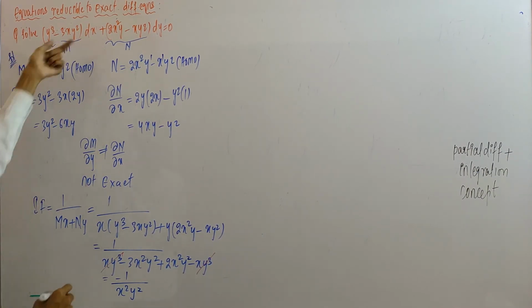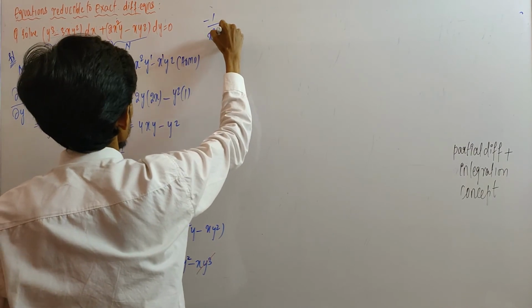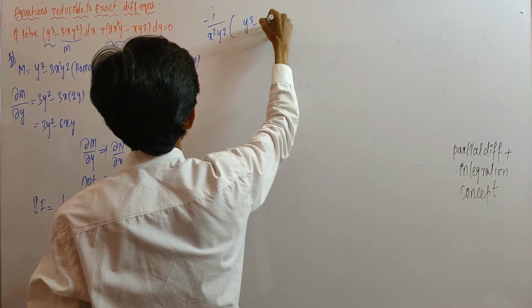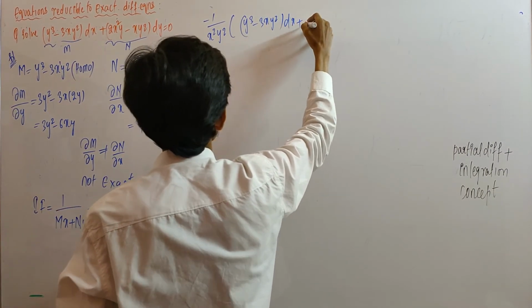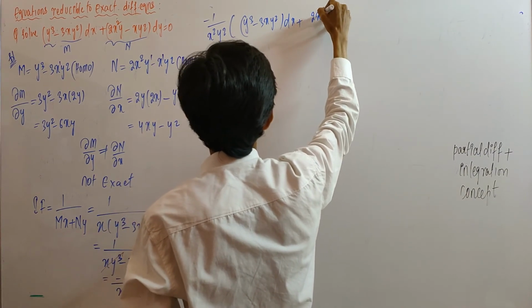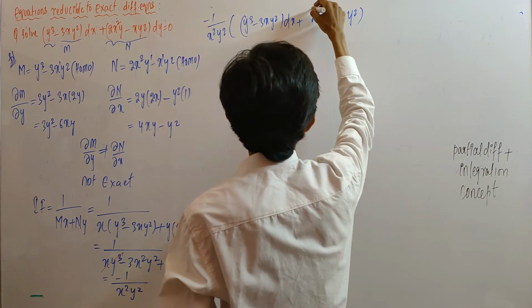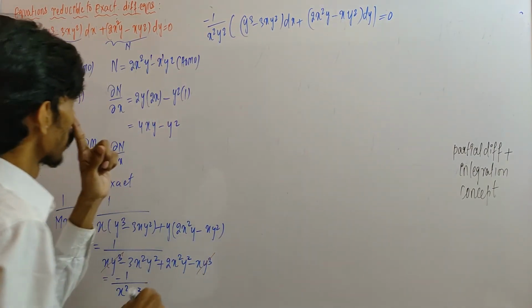Multiply this integrating factor to this equation. Minus 1 by x square y square into y cube minus 3x y square dx plus 2x square y minus x y square dy is equal to 0.